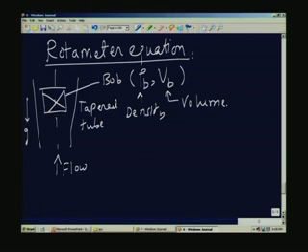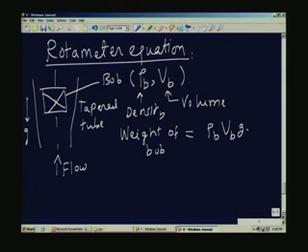In fact you can see that the weight of the bob will be nothing but rho b V b multiplied by g, the acceleration due to gravity at the location where we are doing the experiment or where we have set up the rotameter. So this is one force which is to be taken into account. What are the other two forces? I have already talked about.